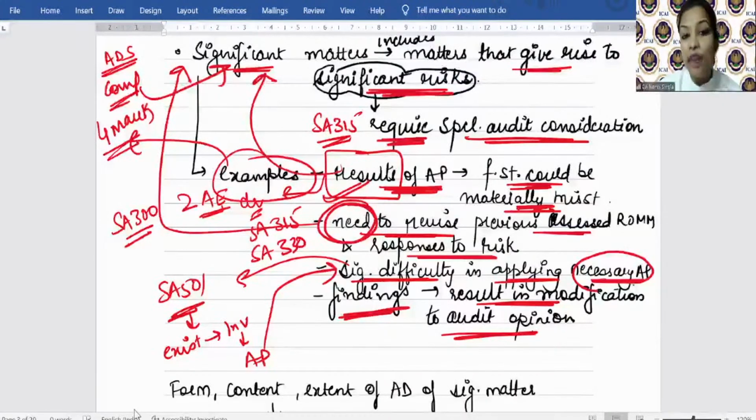If there is a need to revise previous assessment and responses to risk, document that. अगर आपको डिफिकल्टी आ रही है कोई ऑडिट प्रोसीजर्स परफॉर्म करने में, document that. If there are findings that result in modification to audit opinion, document that.